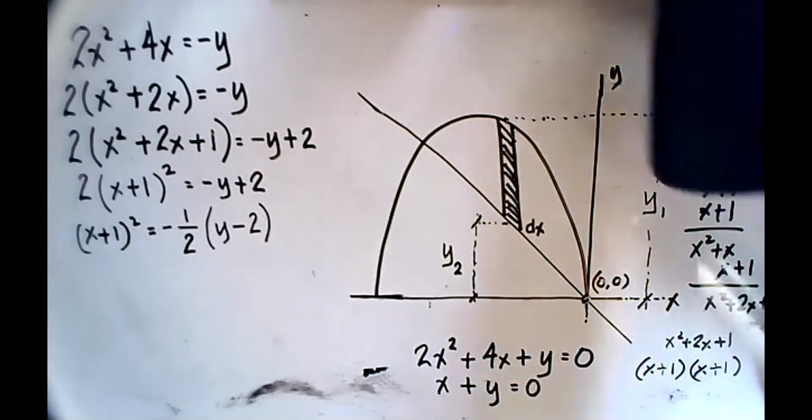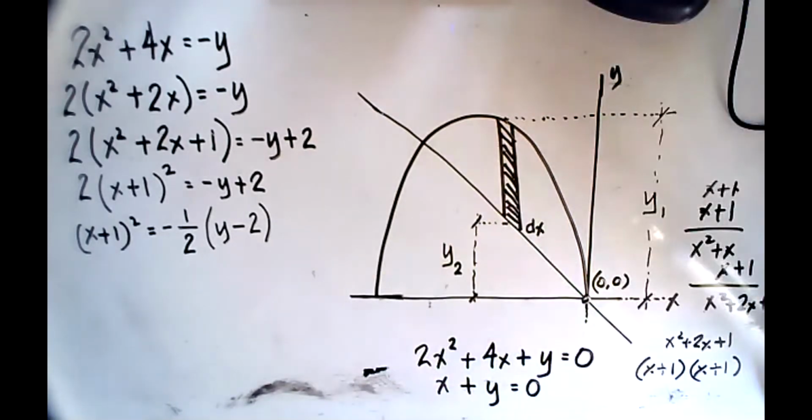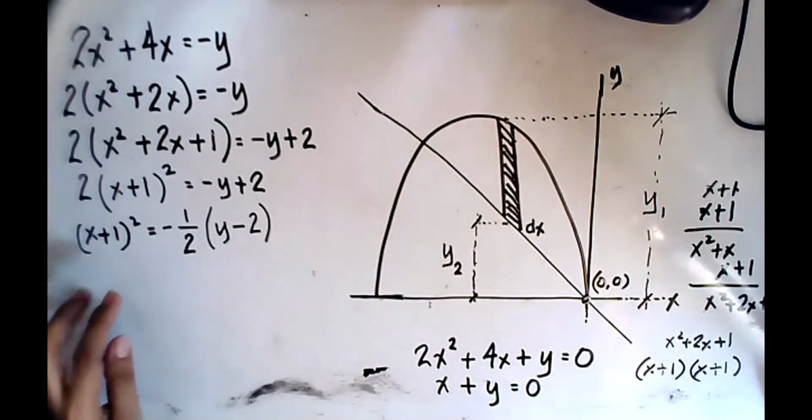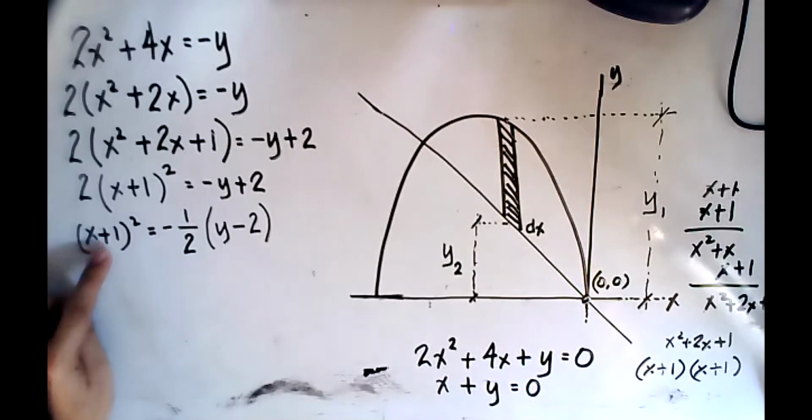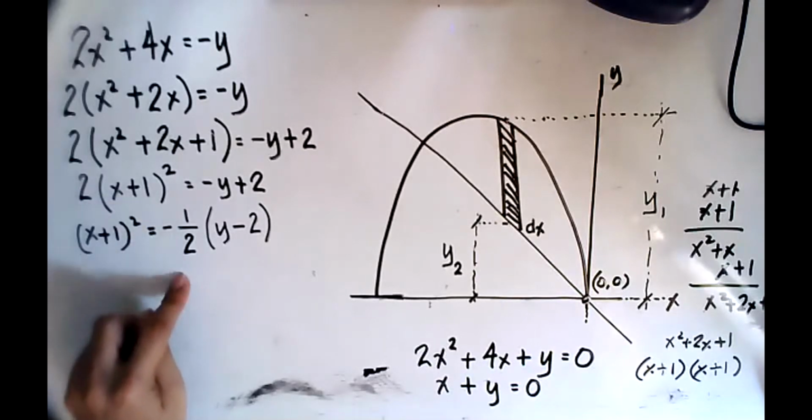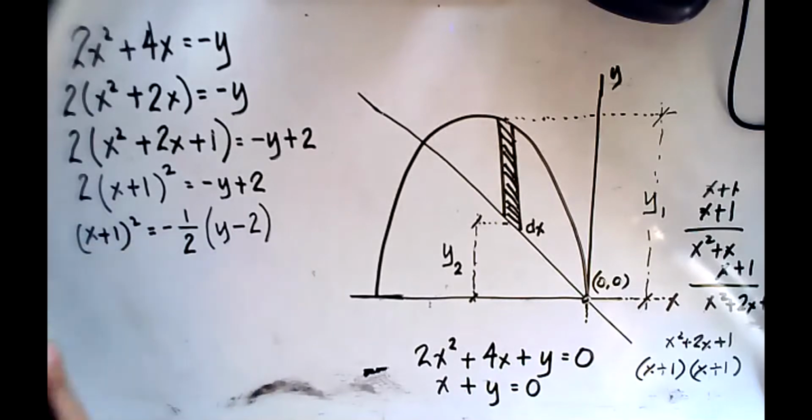Then what would happen now? If you notice, what kind of parabola is this? With our parabola, x plus 1 squared is equal to negative 1 half y minus 2, the parabola will definitely be opening either upward or downward.